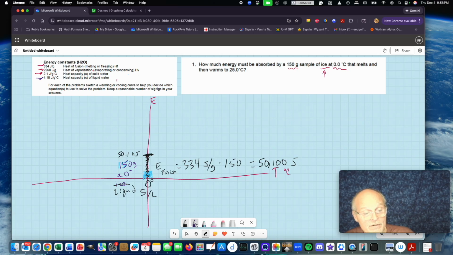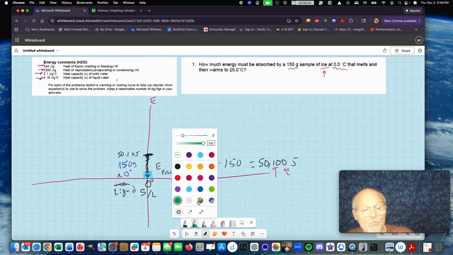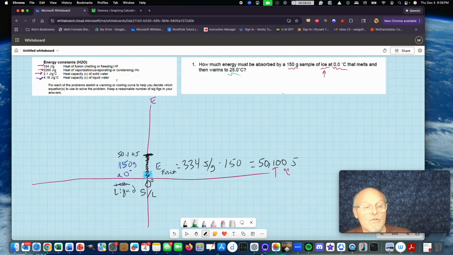And now what do I want to do? Now I want to warm that to 25 degrees. So I have my 25 degrees C here, and I'm going to go from this energy level to warm or heat, using the heat capacity.